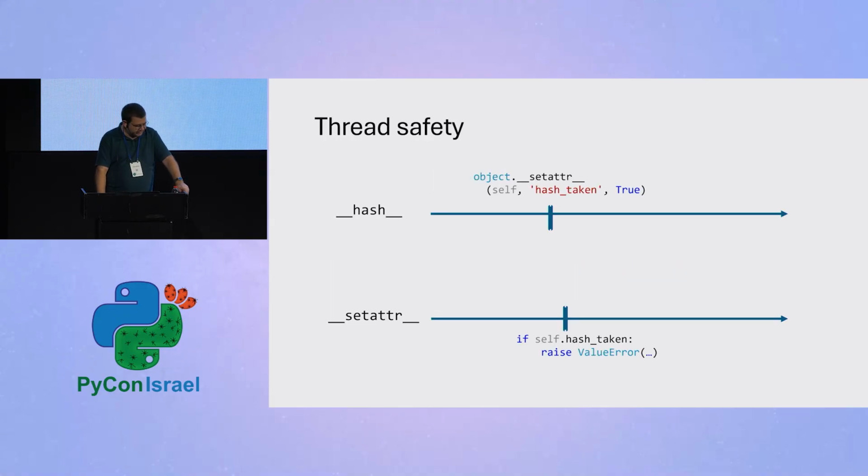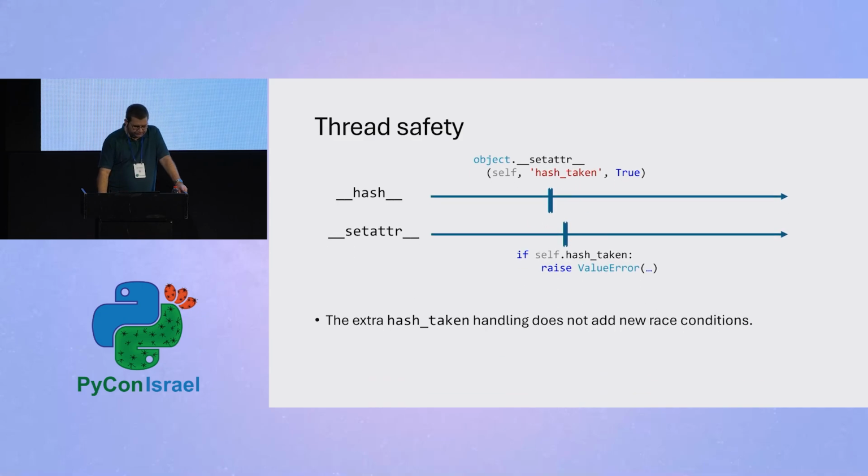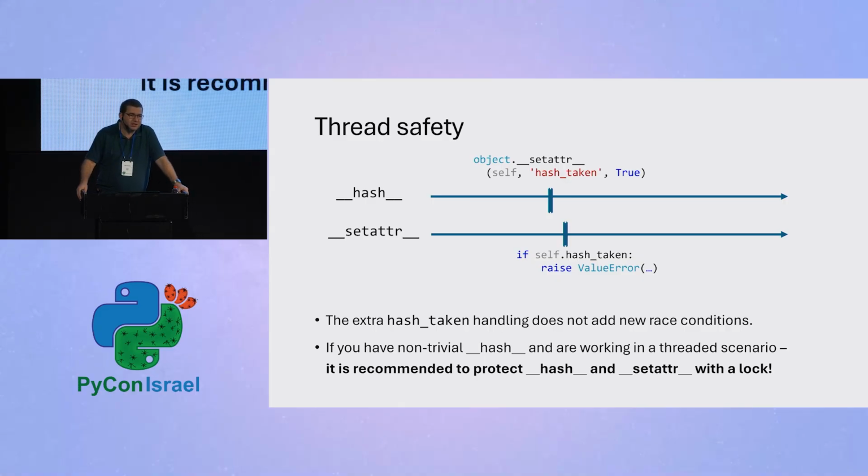Now, I did intend to discuss thread safety, but I think I'll have to skip that. Let me skip just to the bottom line. The addition of hash taken handling does not add new race conditions to existing code. That being said, if you are using hashing in a threaded scenario, you are already deep in the danger zone.